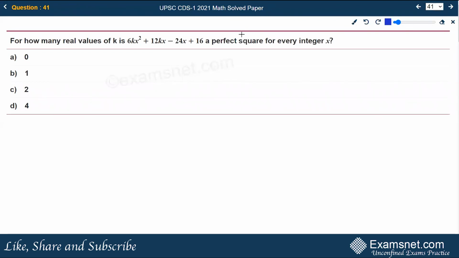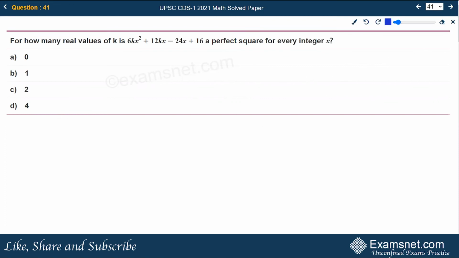In question number 41, we are given: for how many real values of k is 6k x square plus 12kx minus 24x plus 16 a perfect square for every integer x.